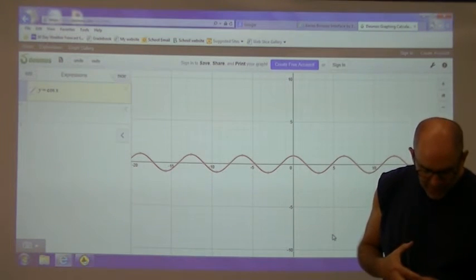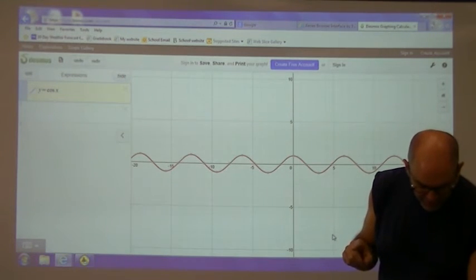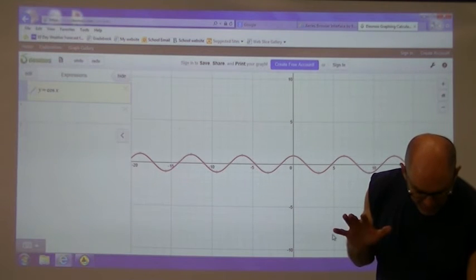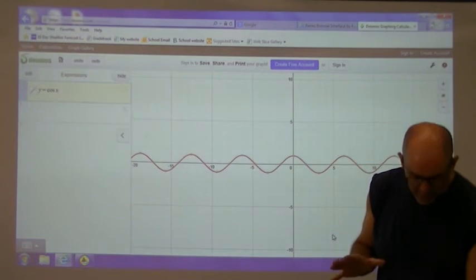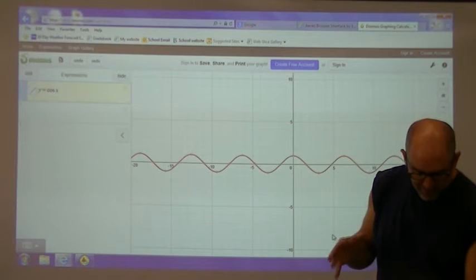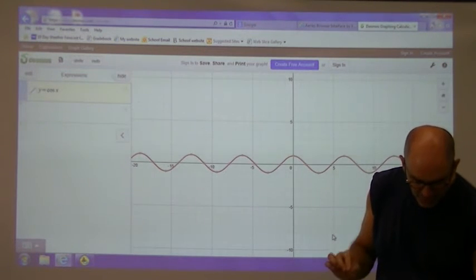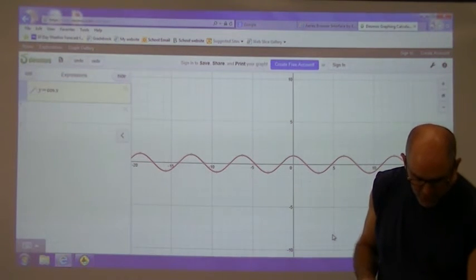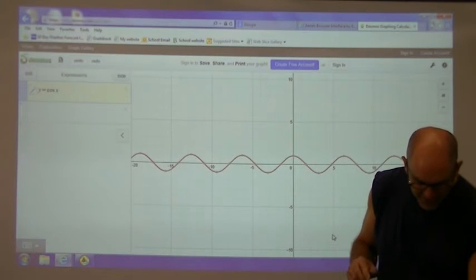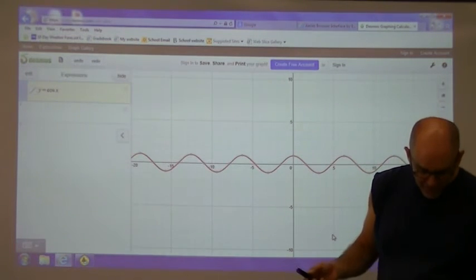Now, the relative max is located at x equals 1. And the relative max would be 5. But that's not the absolute max, because the absolute max is when I put in negative 1 into the function, I get 37. Well, that's a lot bigger than 5.